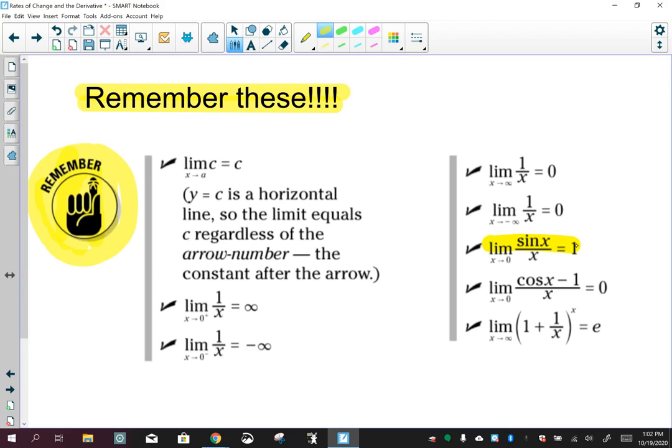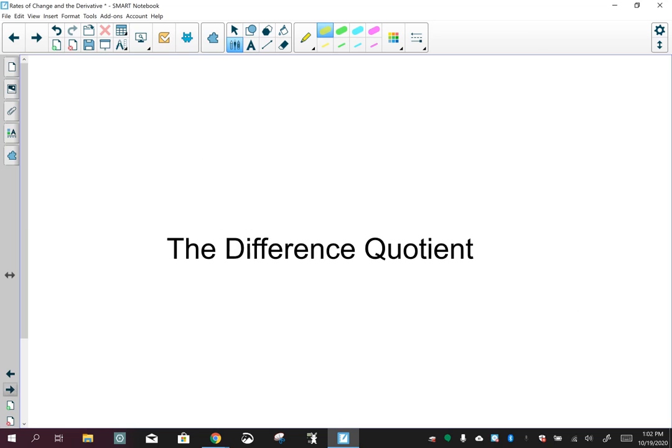I hit this one a lot. I did not talk about this one as much. It's still important to know, but just not as popular. So put this in your notes somewhere, put it on a flashcard, whatever, so that when it comes time to remember these specific limits, you'll have access to them.